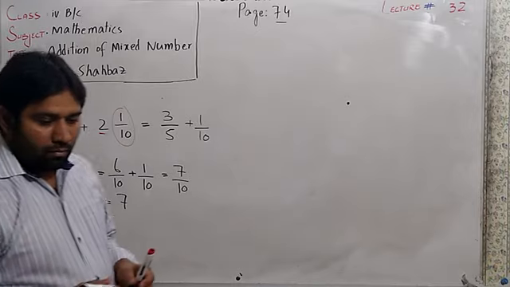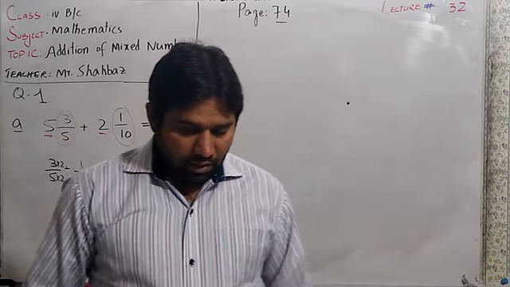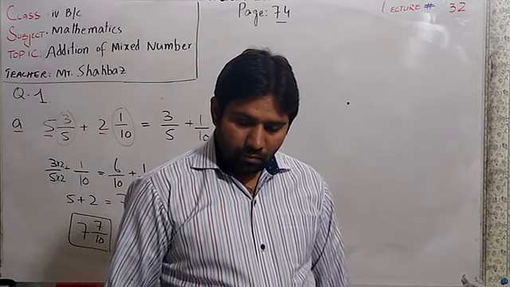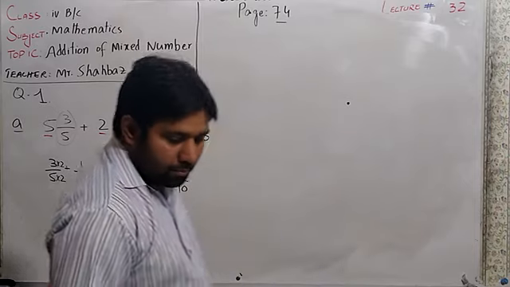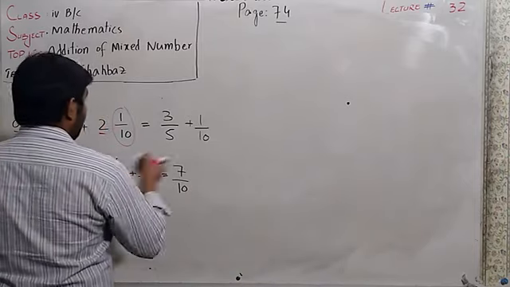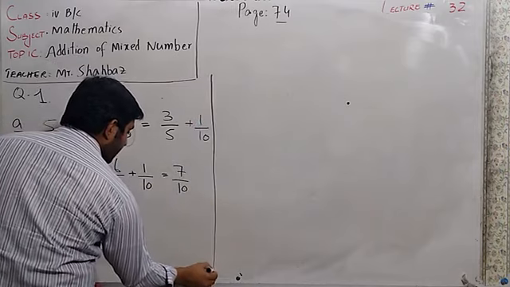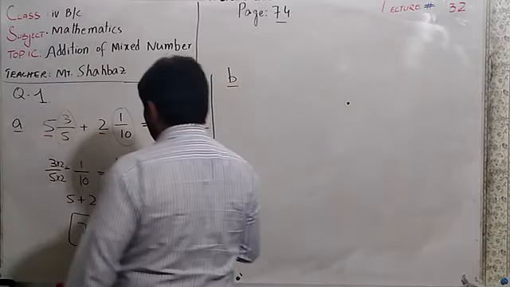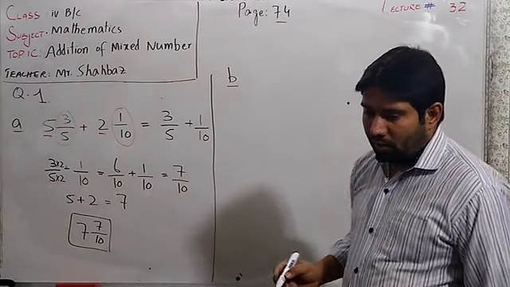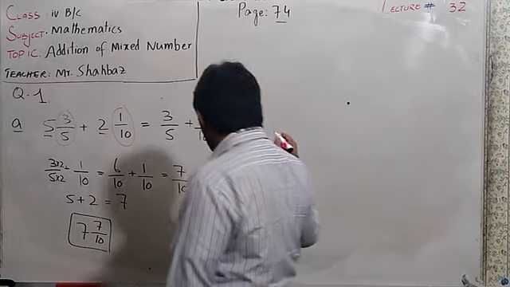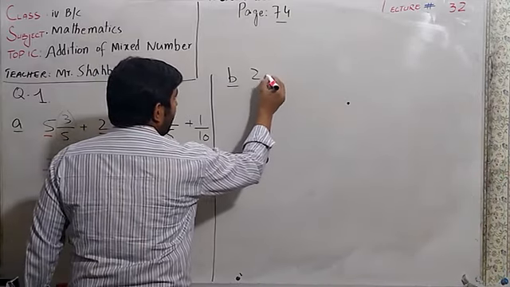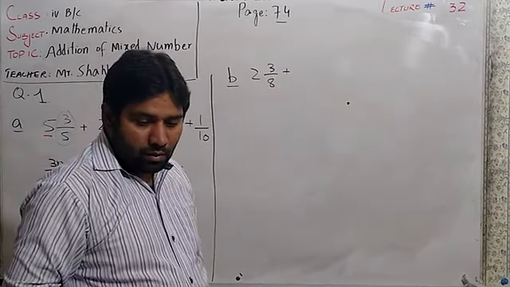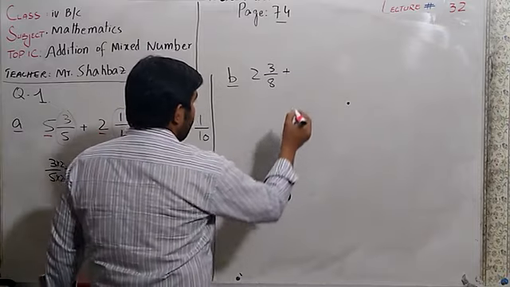Next, part B: 2 whole 3 over 8 plus 3 whole 1 over 4.